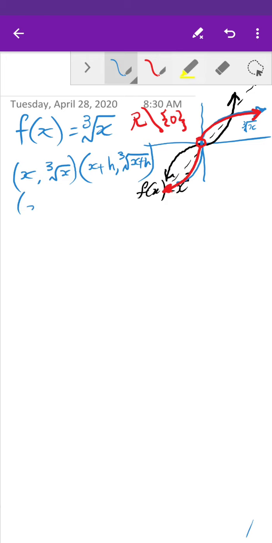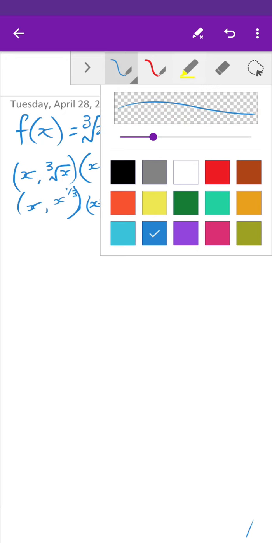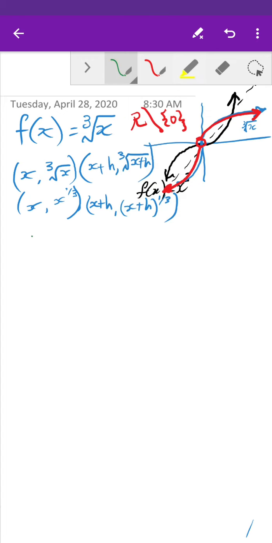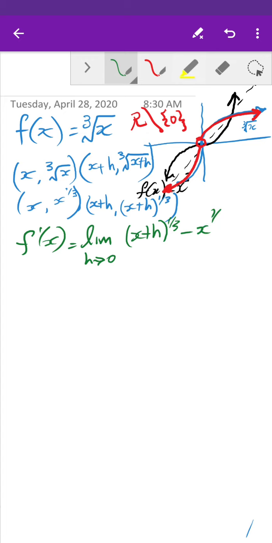I'm just going to change this to x to the 1/3 and x plus h to the 1/3. Now the derivative will equal the limit as h approaches 0 of x plus h to the 1/3 minus x to the 1/3, over h.